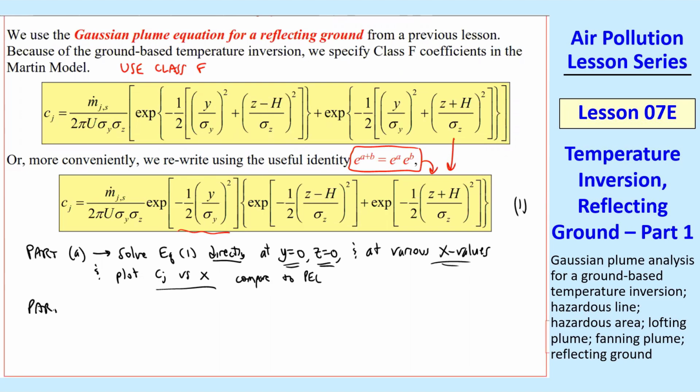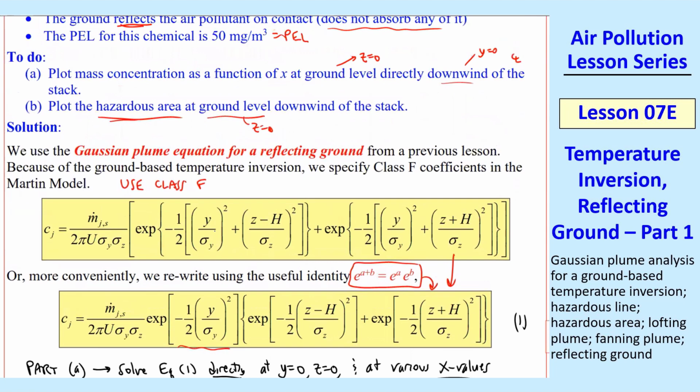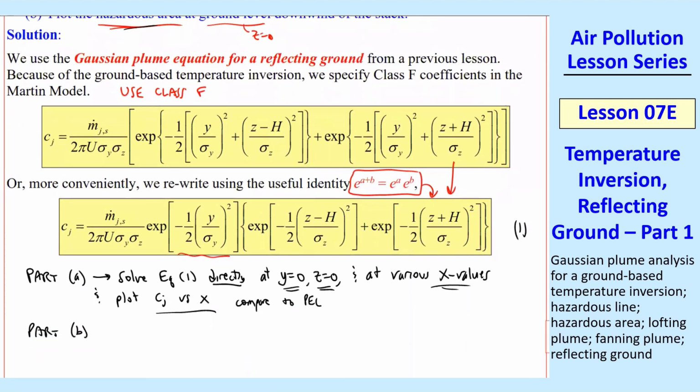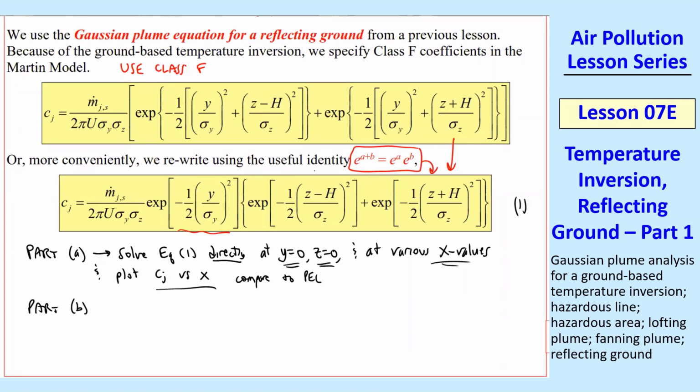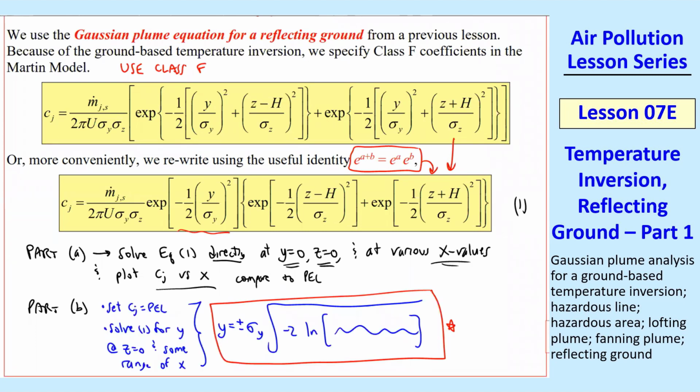And then for part B, we want to plot the hazardous area at ground level again, so we'll set z equals 0, and that involves solving equation 1 for y. For part B, all we do is set Cj equal to PEL, solve 1 for y, and we do that at z equals 0, or we can do it for any other z and some range of x.